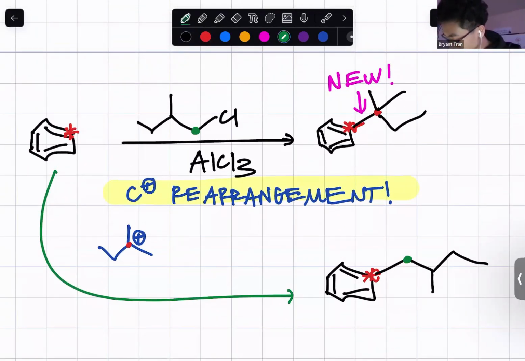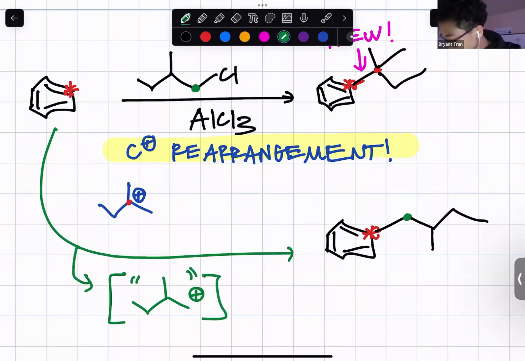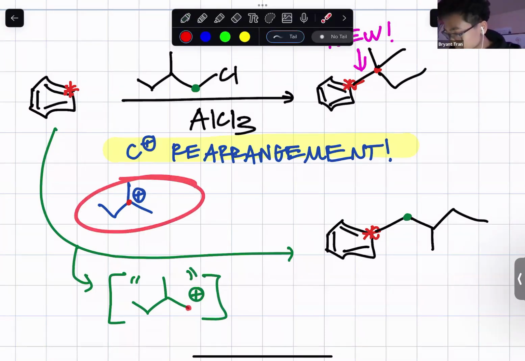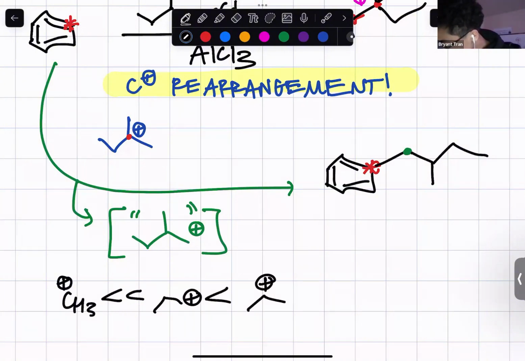If you went the green route, the intermediate would have had, you could think of it like this in quotation marks, this is actually not going to be formed here, a carbocation on this position, which is less stable than this tertiary position. So if I talk about carbocation stability, a methyl carbocation is the least stable, then a primary carbocation, then a secondary carbocation, and then a tertiary carbocation.